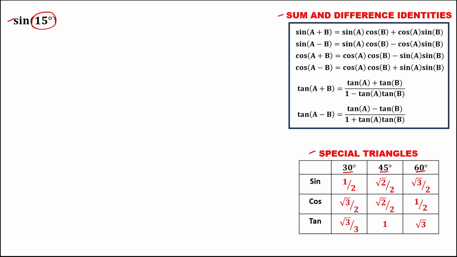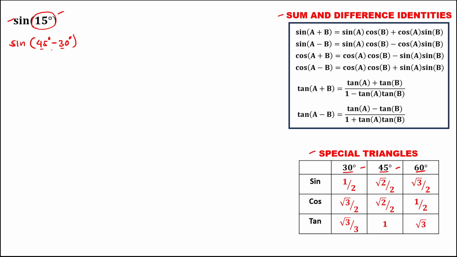degrees, and 60 degrees. Since 15 degrees is equal to 45 degrees minus 30 degrees, so this becomes sine 45 degrees minus 30 degrees, because 45 minus 30, that's equal to 15 degrees, or you can use 60 degrees minus 45 degrees.